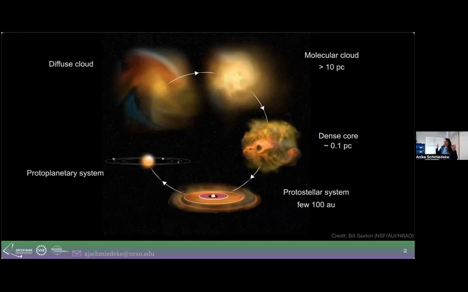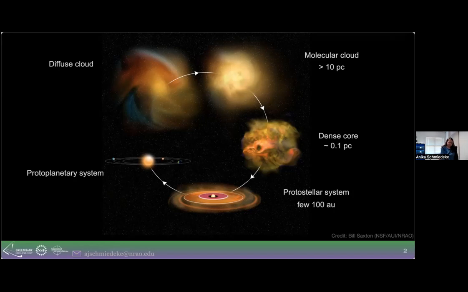Due to turbulence or local instabilities, they start collapsing and forming denser cores within the molecular clouds of sizes of roughly 0.1 parsec. And then these dense cores collapse further, and you get the protostellar systems of a few hundred AU, followed by the protoplanetary systems where the planets are then forming in these disks.